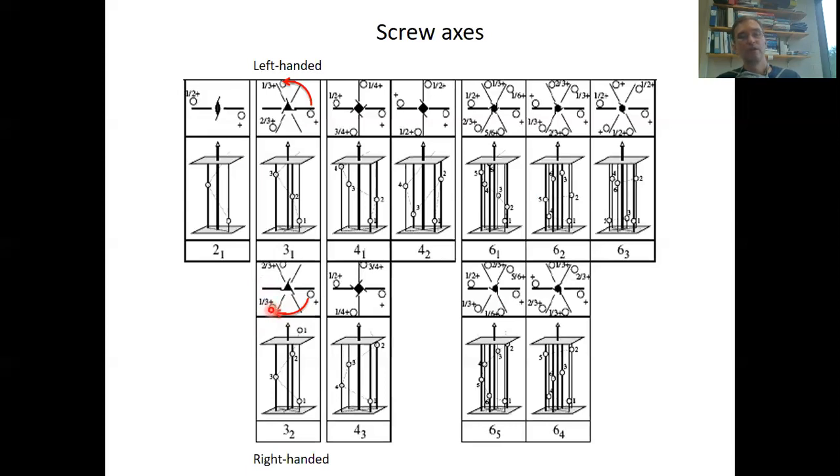So now finally we need to move by another 2/3 of the unit cell parameter and rotate by another 120 degrees. And then we see that we superimpose the original atom again.